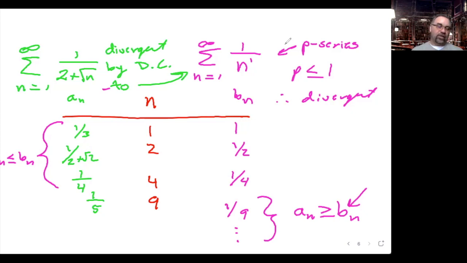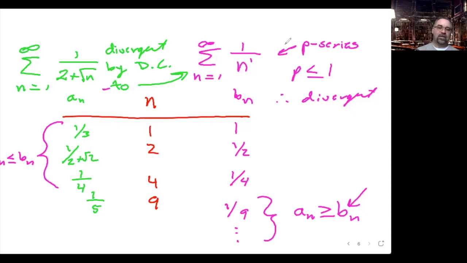So that's one of the peculiar things that we see with the direct comparison test: sometimes we're going to compare to a series at first, and we're like, oh, we weren't able to get there, like the first series that I used, 1 over the square root of n. So then we try a different series because maybe they still compare. And sure enough, after a point, we were able to show divergence for the 1 over 2 plus root n series.